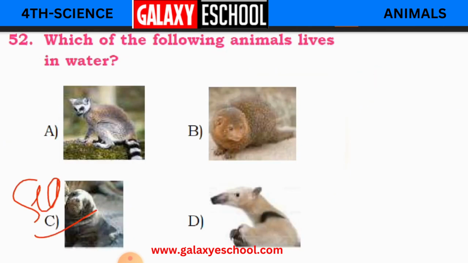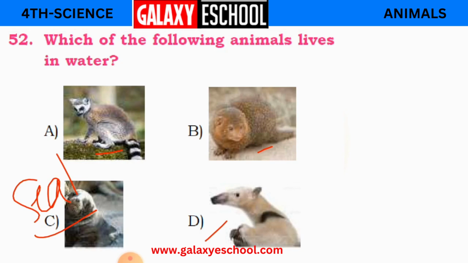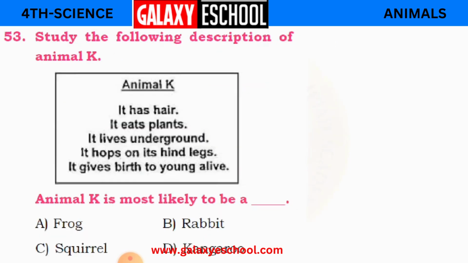Seal. This is seal, which lives in water. So if you see, these animals are herbivores which live on trees. Again this is a terrestrial animal. So that is why seal, an aquatic animal, lives in water. Clear, children? And now we'll come to the last question.